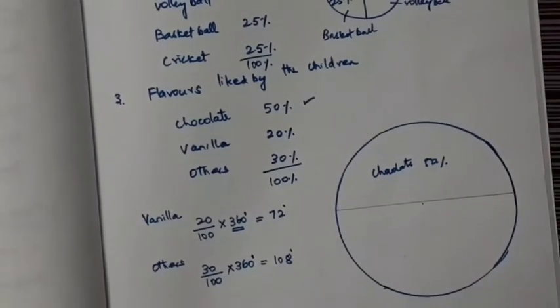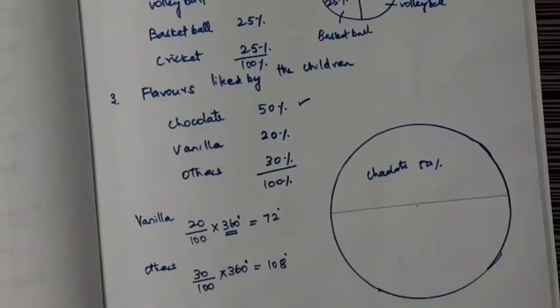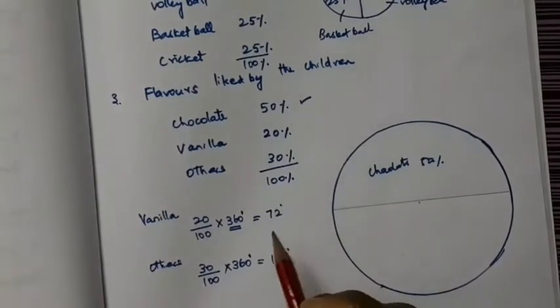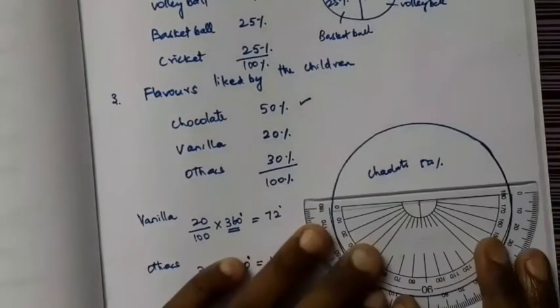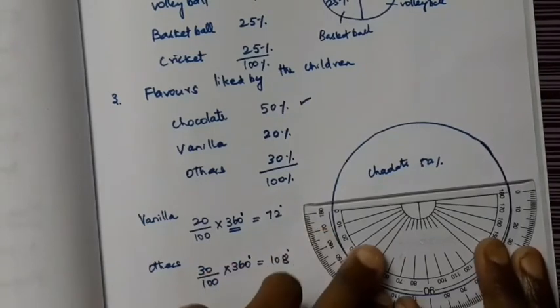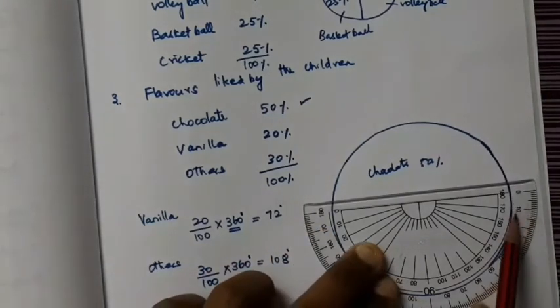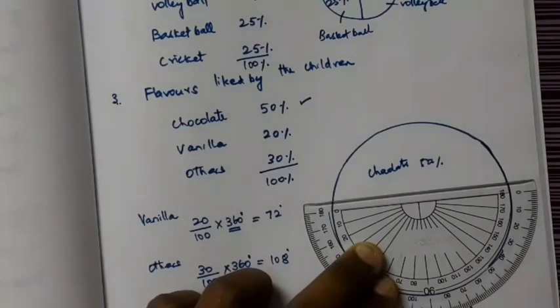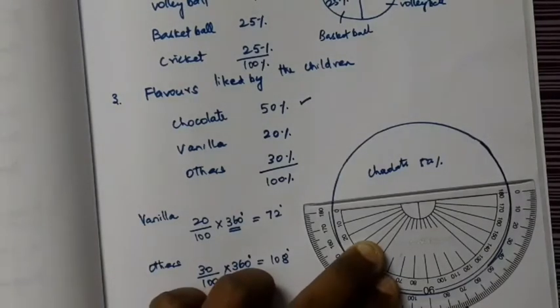Now what you should do is take a protractor and measure 72. So if I keep this as the center point, from here I am going to measure 72. So this is 70 and this is 72. I am keeping a point at 72.